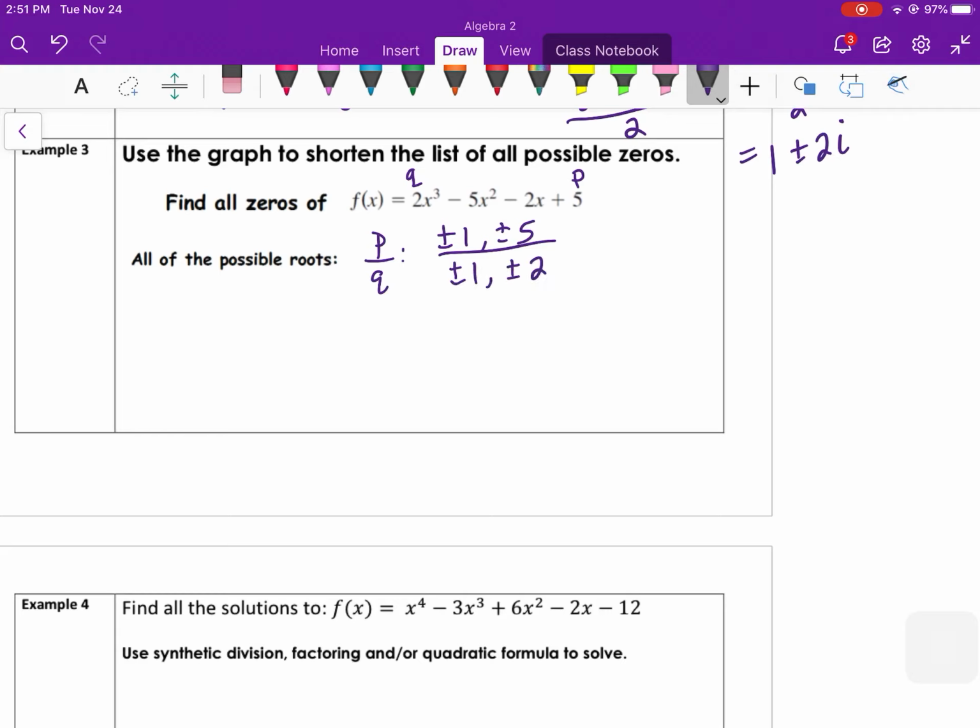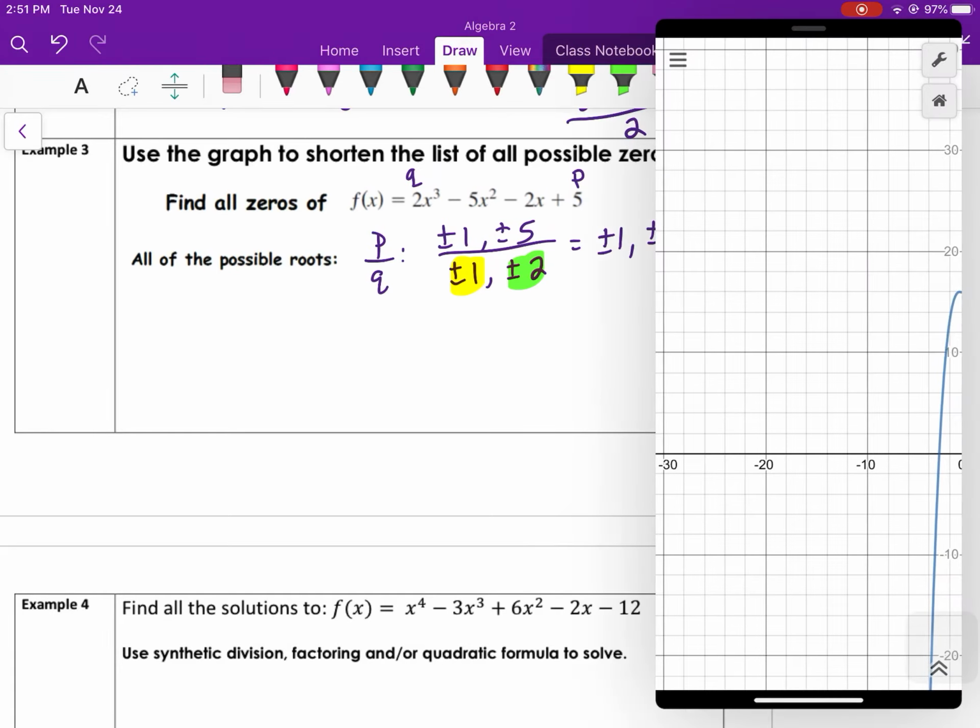So all my possible roots are going to be 1 and 5, and then 1/2 if I divide. So first I divided by 1, 1 divided by 1, 5 divided by 1, and then divide by 2, and I get 1/2, and then 5/2. So those are my 8 possible roots.